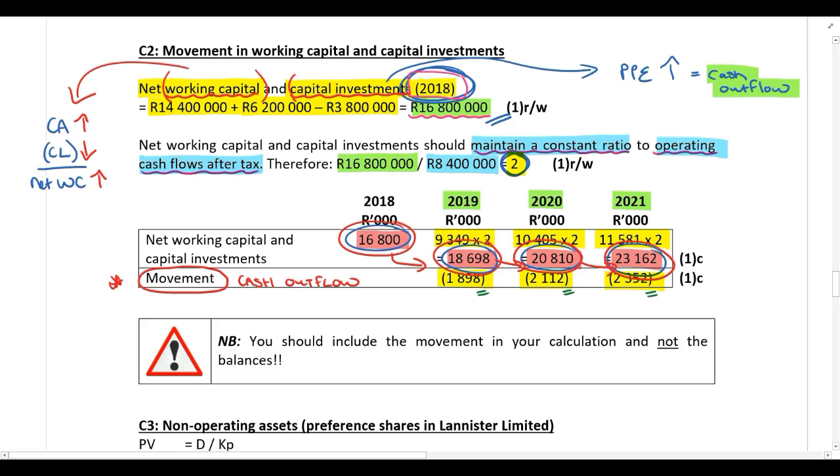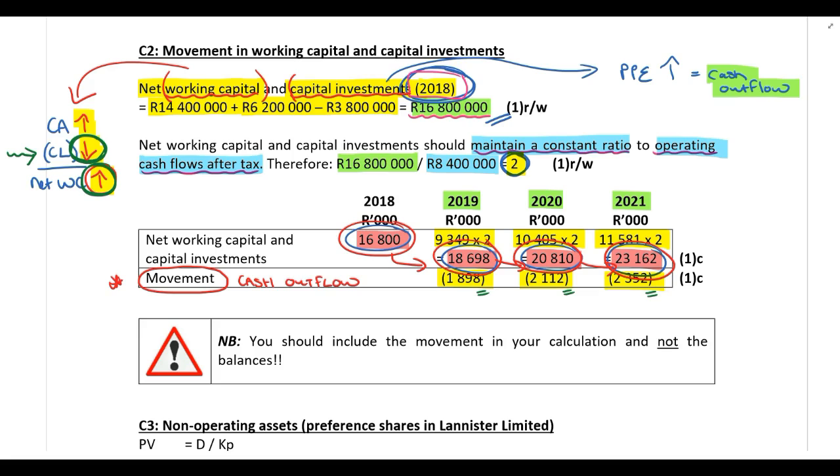Because if current assets increase, net working capital will increase. And if current liabilities decrease, net working capital will increase. And that's obviously because we are deducting current liabilities in this calculation. So if we deduct a smaller amount, that will cause net working capital to increase.